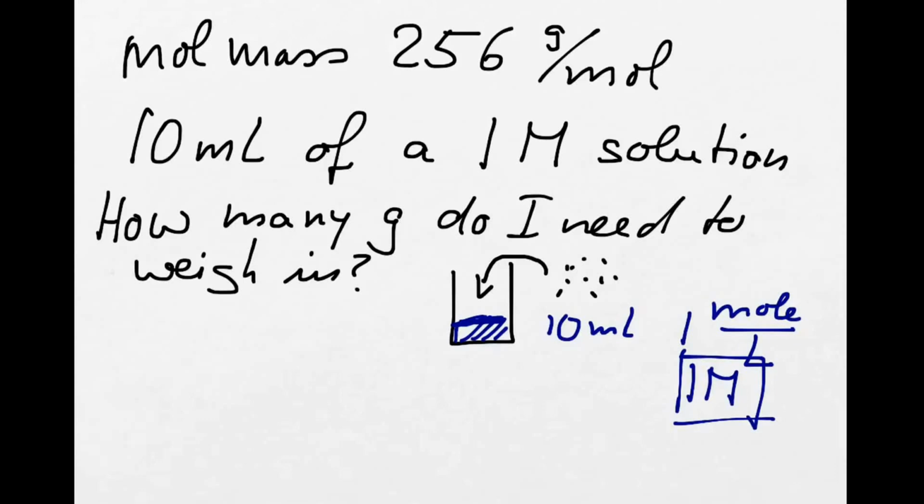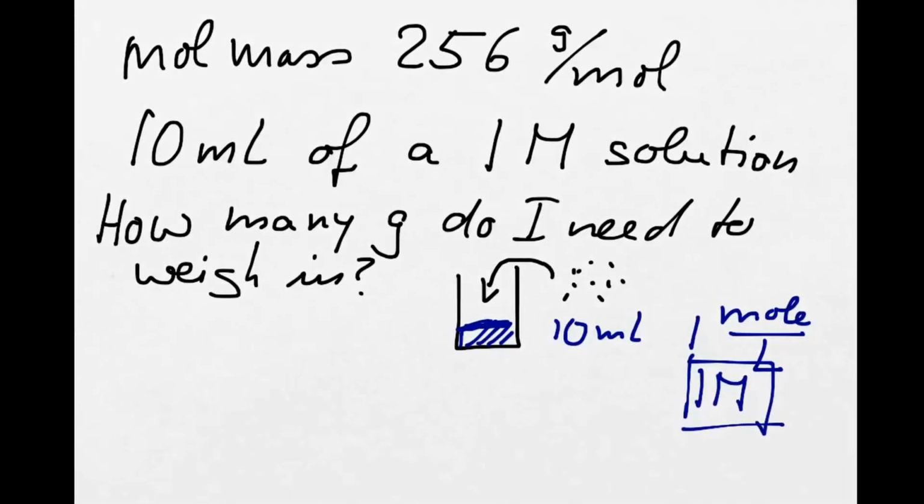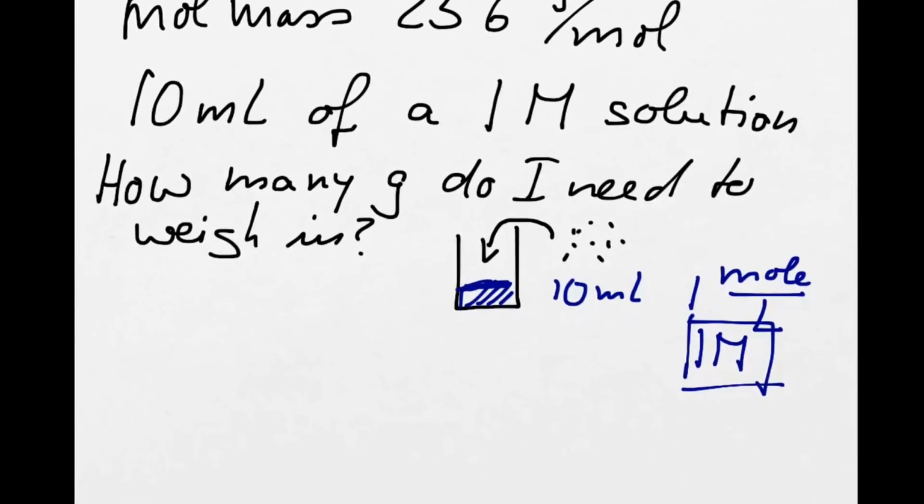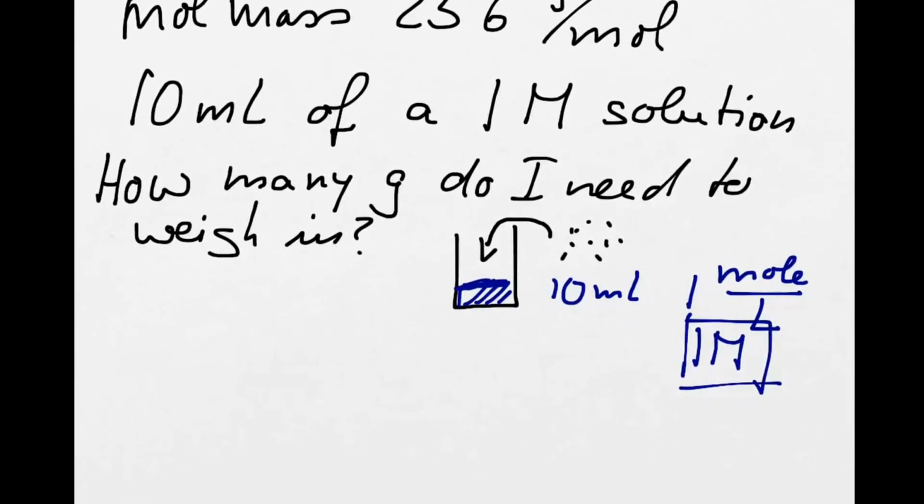So how are we going to deal with that? First of all, what is the unit that I'm looking for? Grams, exactly. How do you know? Because many. So grams.